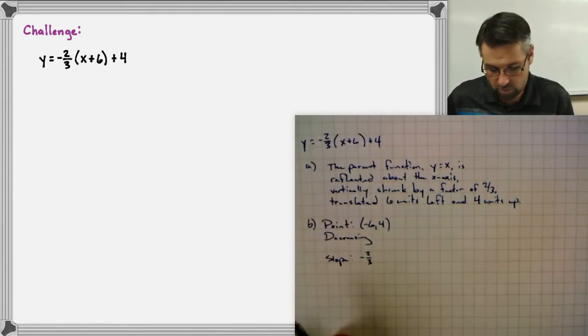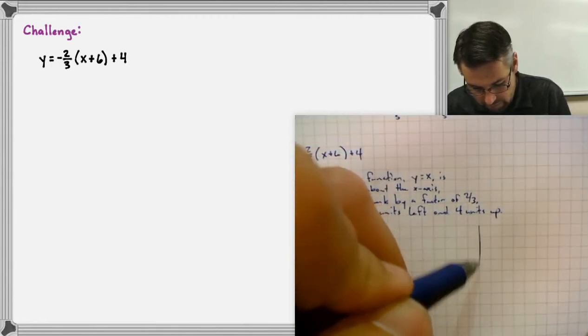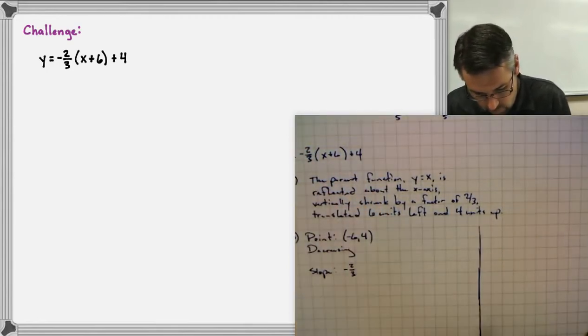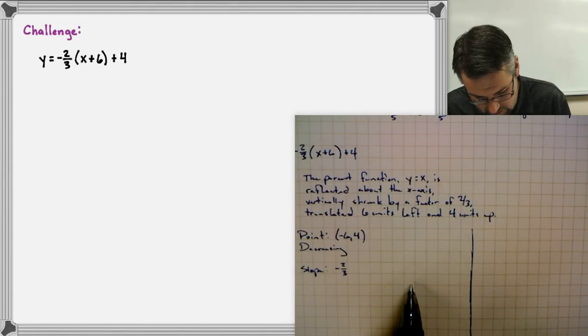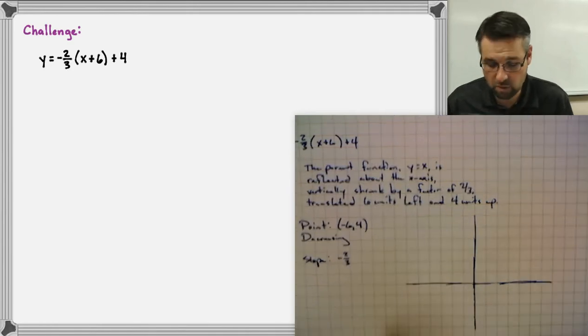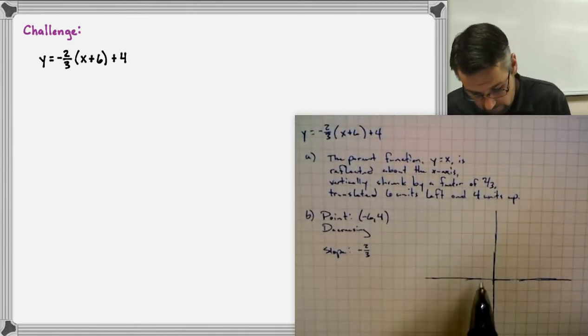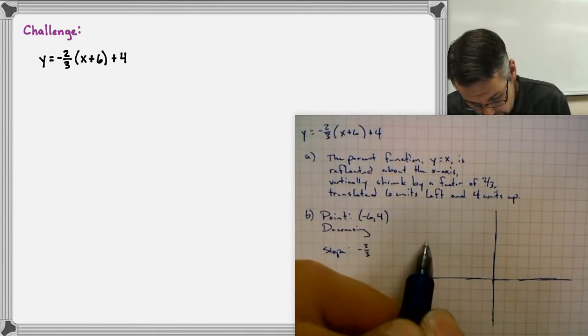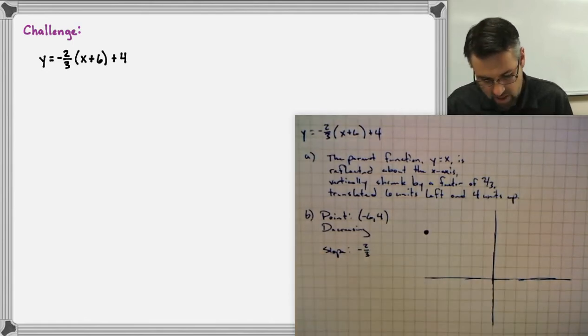That's the slope, okay? And so when we go to graph this guy, we're going to start at -6, +4. So I got my xy plane. -6, +4, we're going to go back 6 and up 4 and put a point. And then we're going to follow the slope of -2/3.